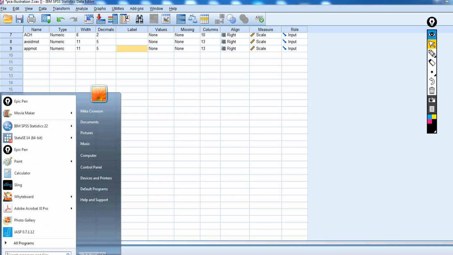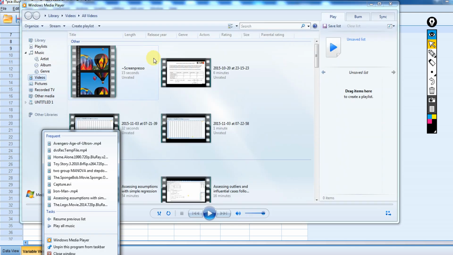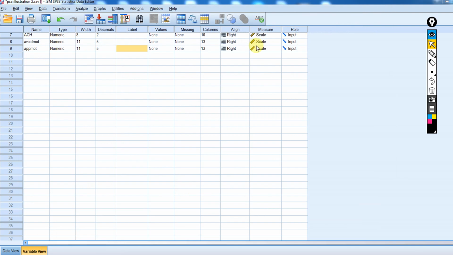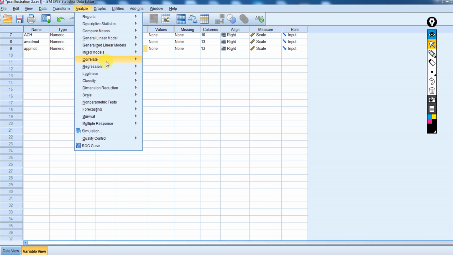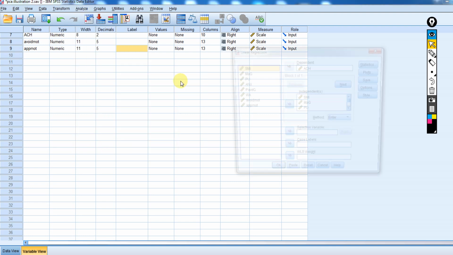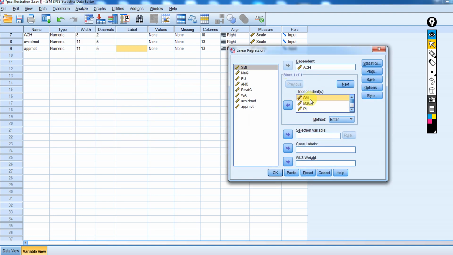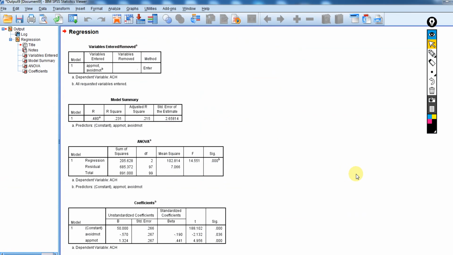So what I'll do is go to Analyze, Regression, Linear, and now instead of having achievement in here and all of these other predictors, I'm just going to reset it. I'll put approach and avoidance in as predictors and achievement in the dependent box. Click on OK, and now we have an R-square value of 0.231.